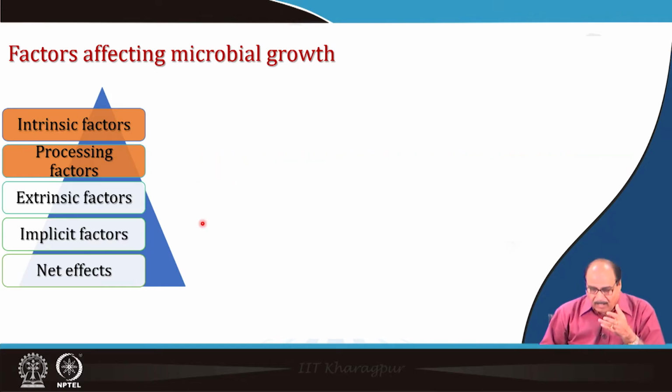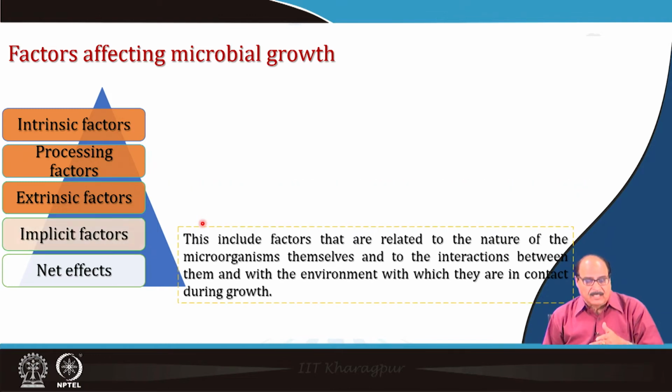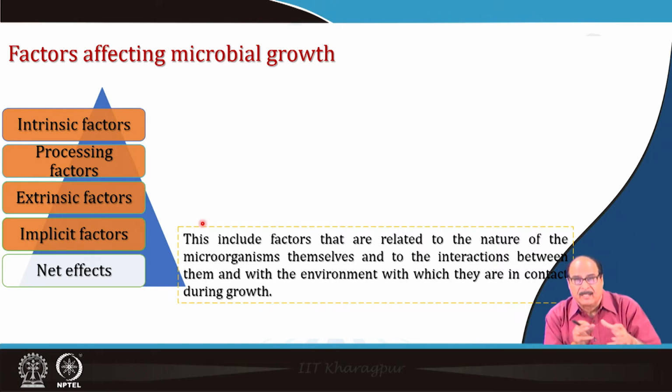Extrinsic factors are those that influence microorganisms in food but are applied from outside the food and act during storage, like temperature of the storage environment, relative humidity of the storage environment, etc. Then the implicit factors include factors related to the nature of the microorganisms themselves and to the interactions between the microorganisms and the environment with which they are in contact during growth.